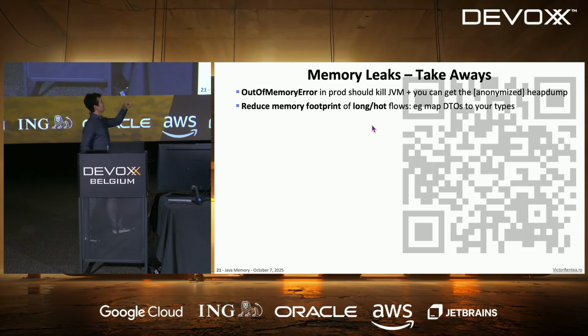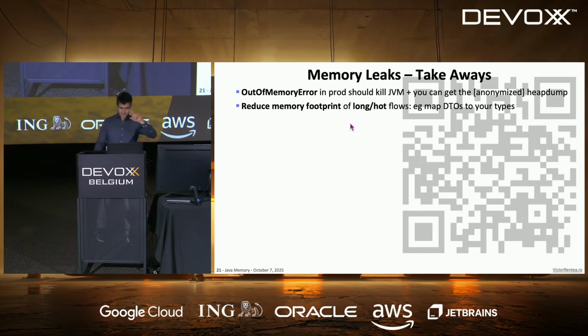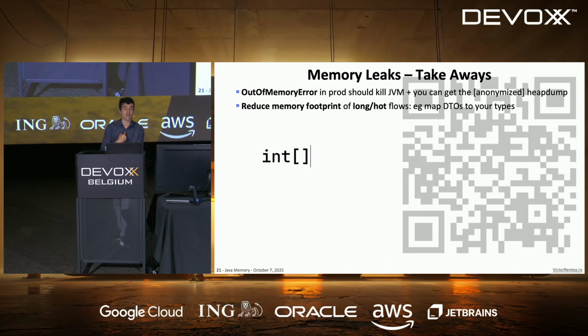So set those flags I told you in production. Then, reduce the memory footprint of long flows or hot flows. If someone is machine gunning an endpoint and you went even virtual thread perhaps for more load, optimize the footprint. Extract DTOs, reduce. I once used, true story, I once used int array in my Java code instead of a set of long.